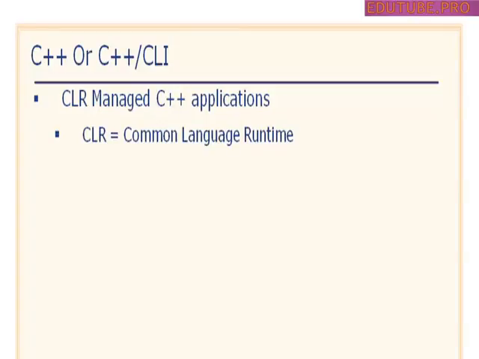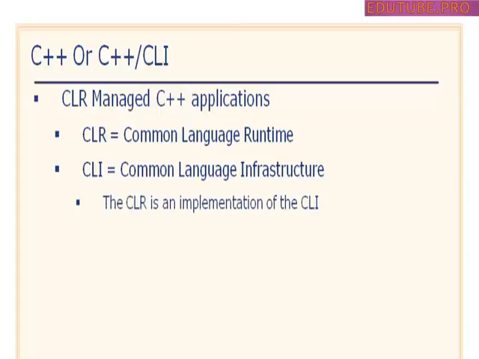CLR stands for the Common Language Runtime, and CLI stands for the Common Language Infrastructure. Now the CLR is an implementation of the CLI. Both of these are Microsoft brainchilds, and they were really designed for use with the Microsoft .NET framework.